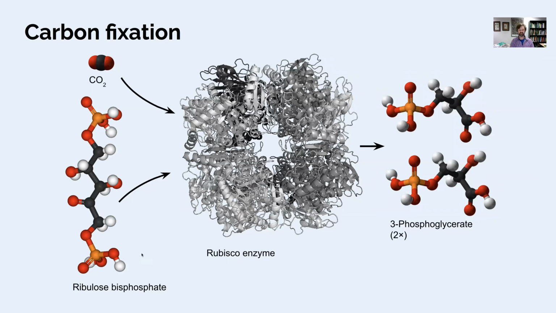Rubisco gets its name by acting on this ribulose bisphosphate molecule. As we'll see, this is already present in the cells, but then they take a CO2 molecule and slap these together. So how many carbons do we have? 1, 2, 3, 4, 5 carbons on ribulose bisphosphate, and 1 carbon atom on the CO2 molecule. So 5 plus 1 becomes 3 and 3.